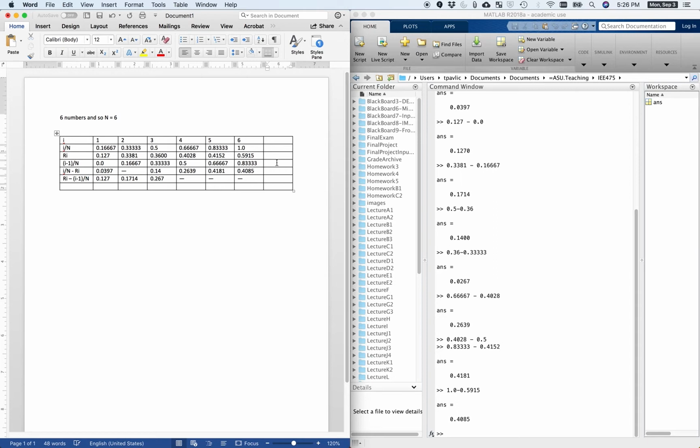So then I'm just going to put a little max here to tell me that what I'm going to put down here is the maximum value of this row. So if I look across here, it looks to me like it's 0.4181. And then if I look across this, the maximum value of this row looks like it's 0.267.